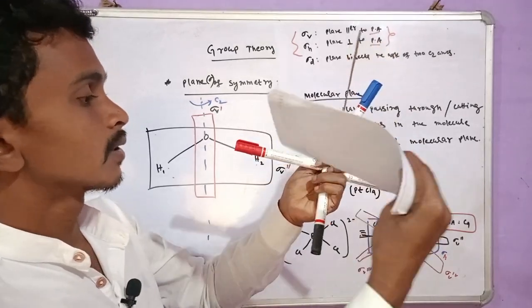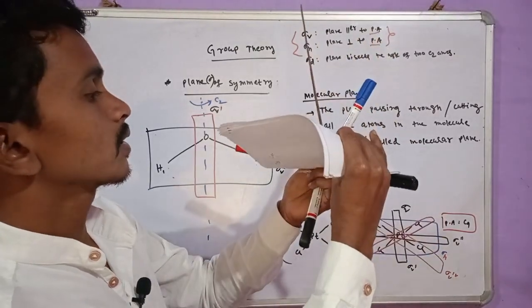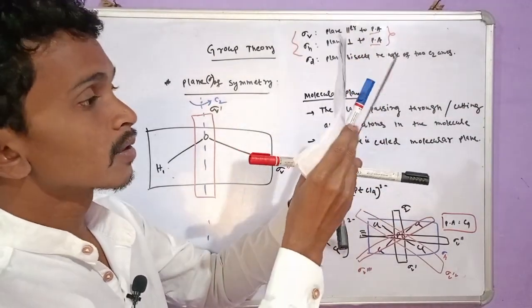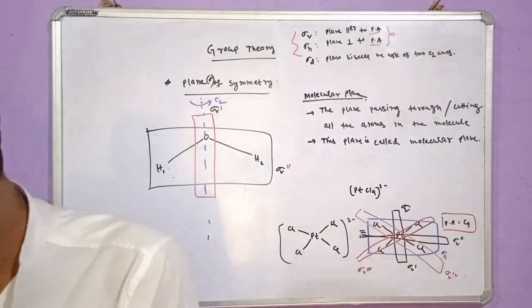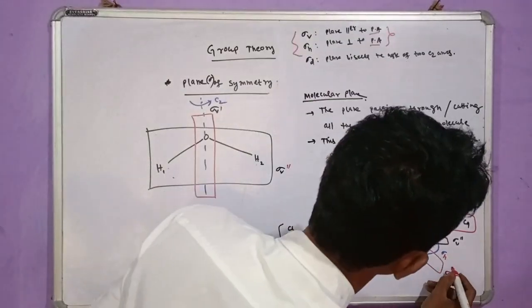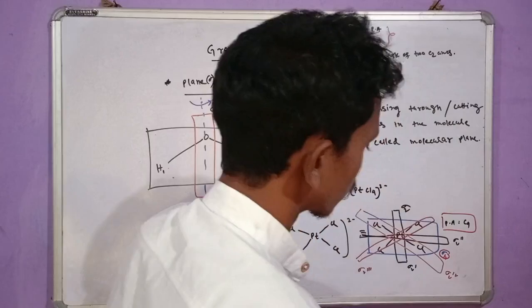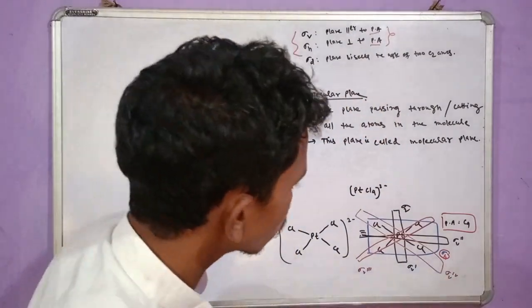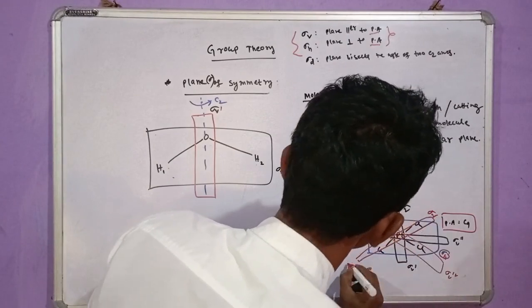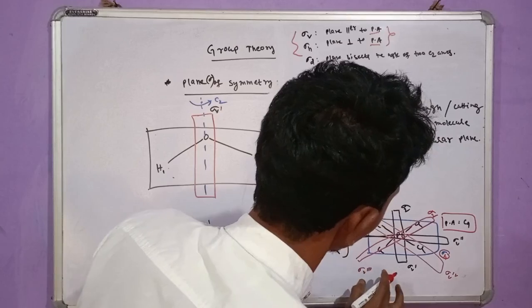If I cut like this, or like this, all are parallel to the principal axis. So here only this one is the horizontal plane, the rest are all vertical planes.